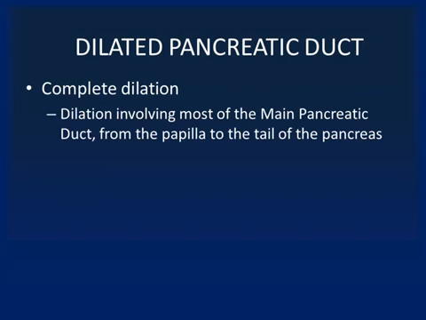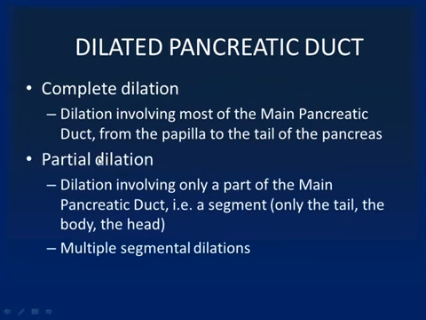The dilation of the pancreatic duct may be complete when the dilation involves most of the main pancreatic duct from the papilla to the tail of the pancreas, or partial when the dilation involves only a part of the MPD, like a segment in the tail, in the body, or in the head, or eventually in the body and tail, or in the head and the body.